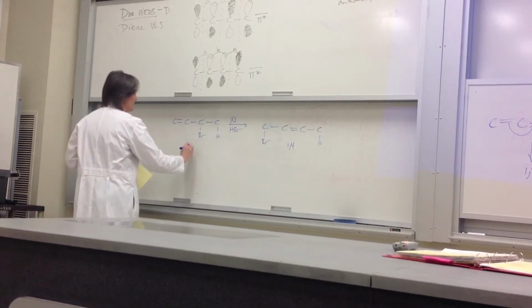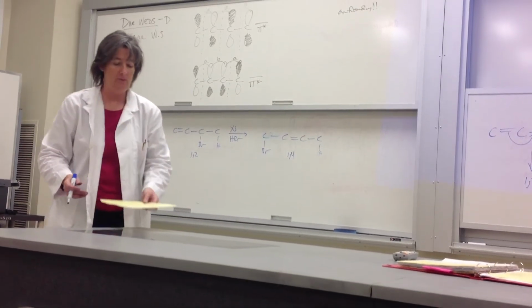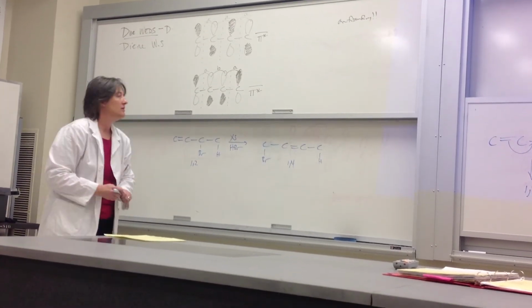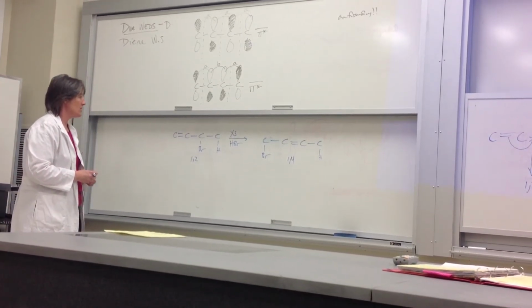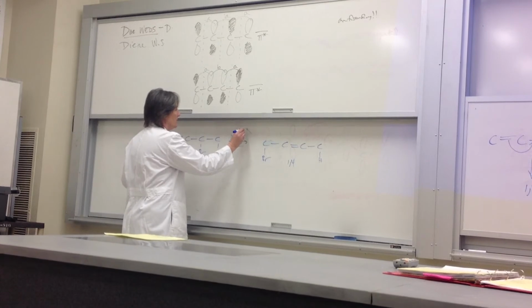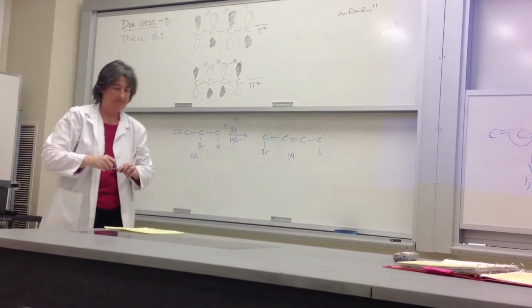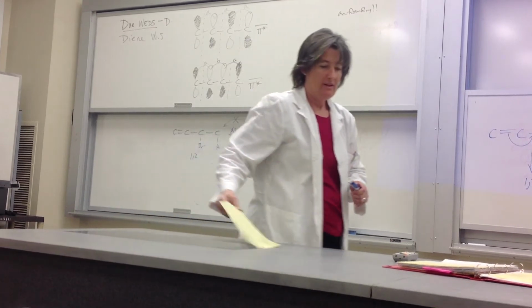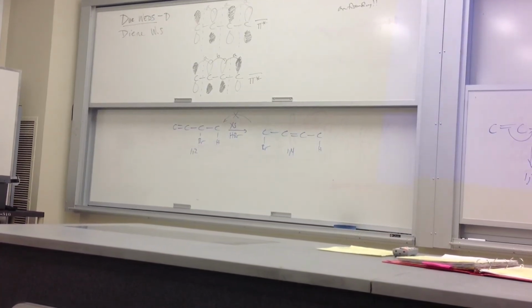So the 1,2 can be turned into the 1,4. The 1,4 can't be turned back into the 1,2. Now, in terms of stability, what does this tell you about the 1,4?